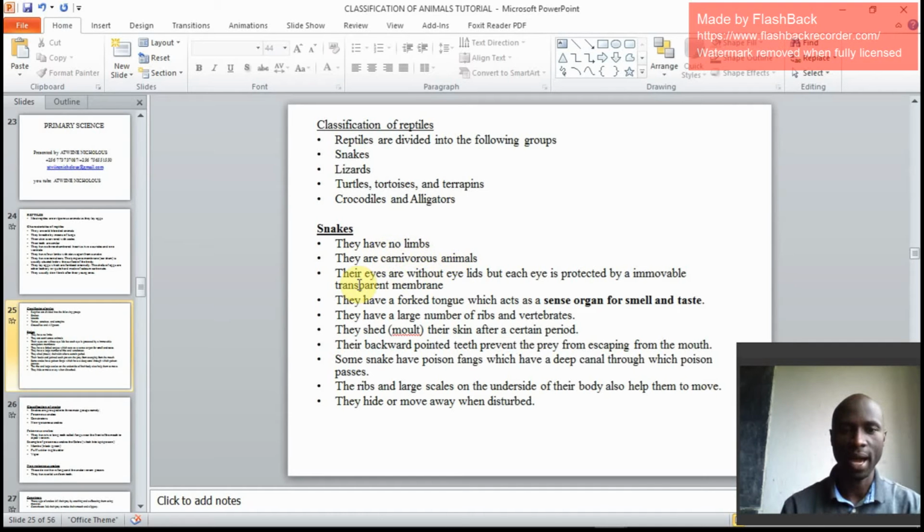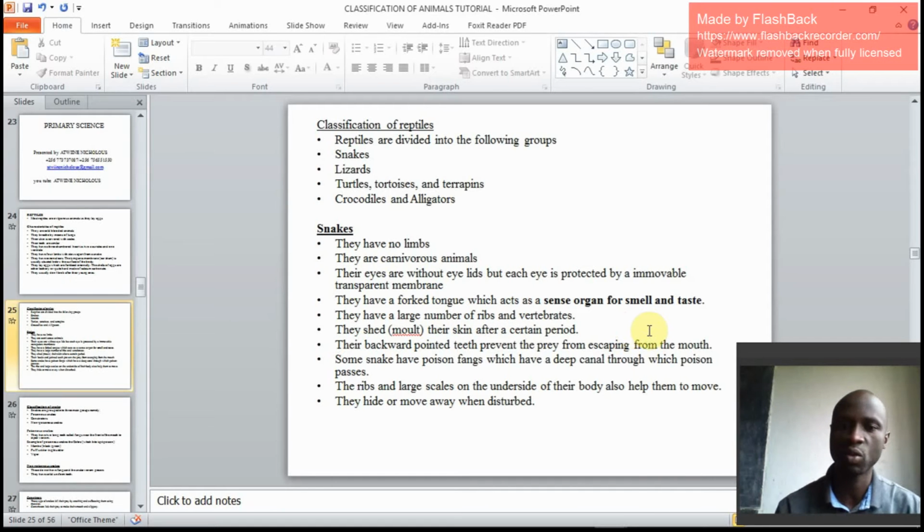Their eyes are without eyelids, but each eye is protected by an immovable transparent membrane. They have a forked tongue, which acts as a sense organ for smell and taste.